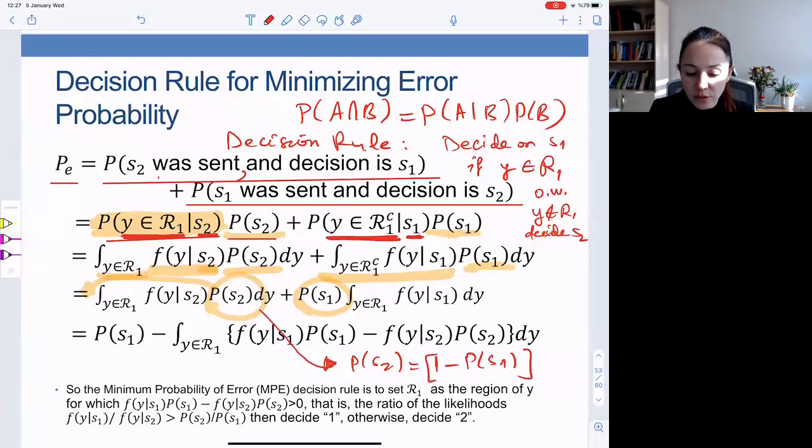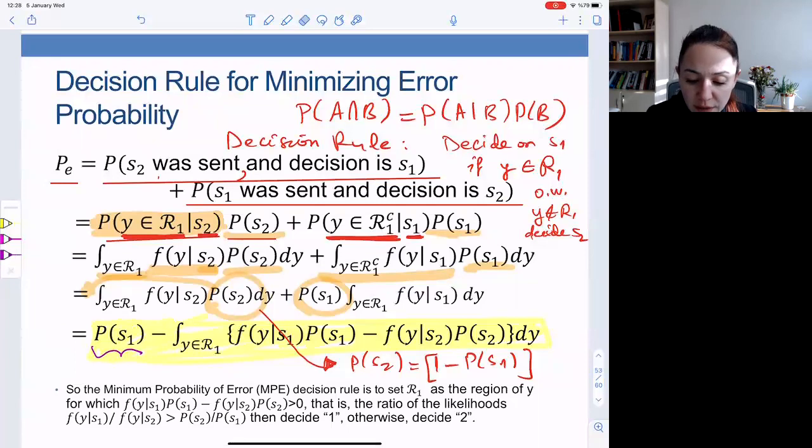That allows us to express everything in terms of P(S1) and lose P(S2). We end up finding this expression. So this is the error probability. Notice that P(S1) here is just a constant. It's not a function of our decision rule.